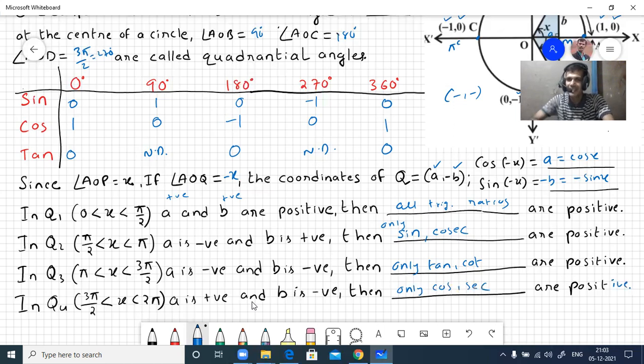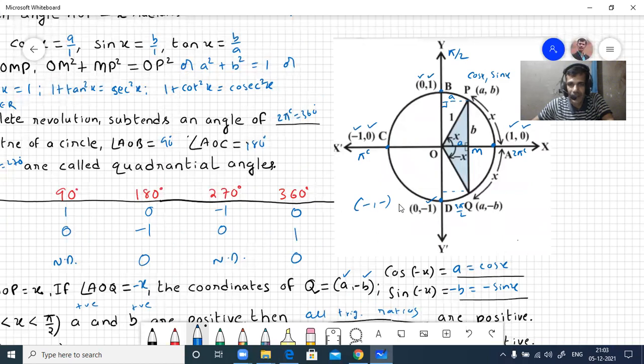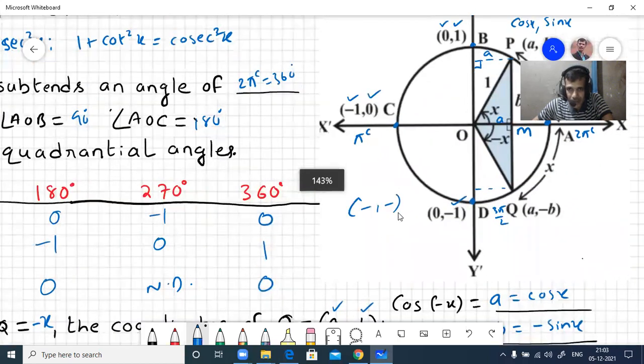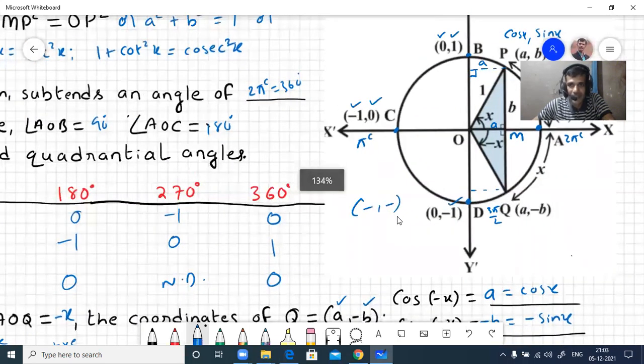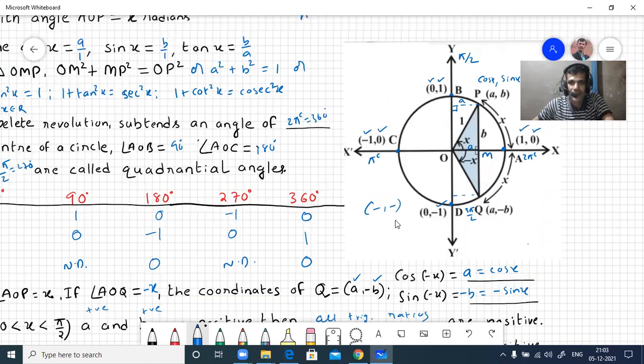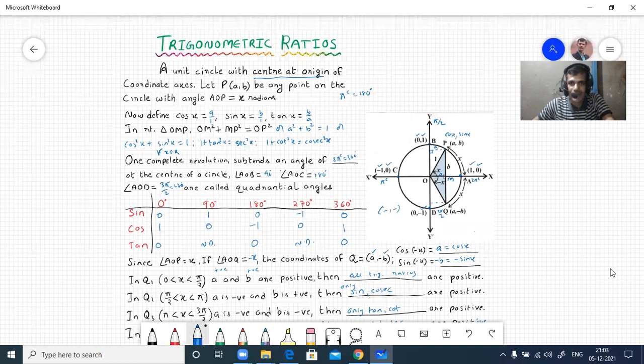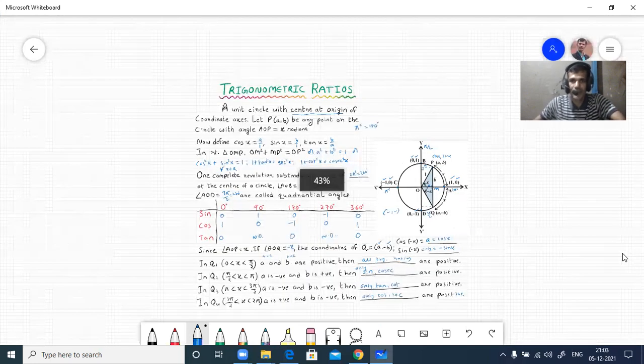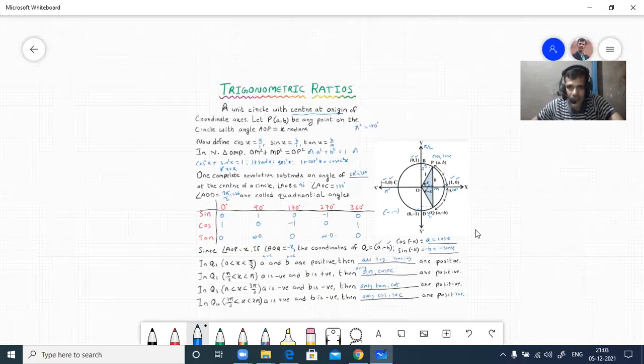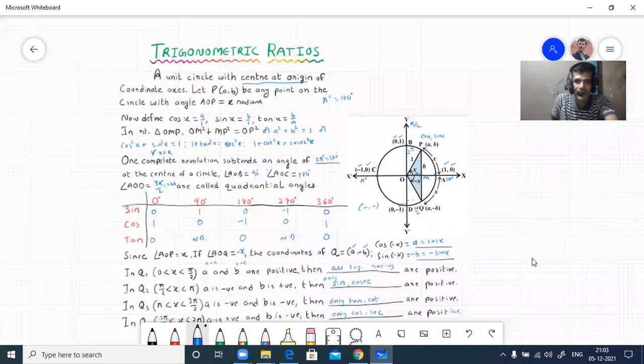Okay. So now we have to remember a shortcut. Wait a second, I will reduce the size and tell the shortcut. In the first quadrant, all trigonometric ratios are positive.